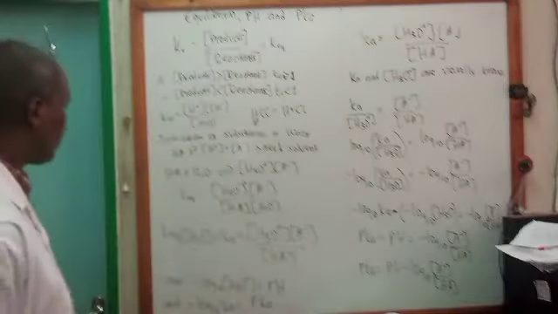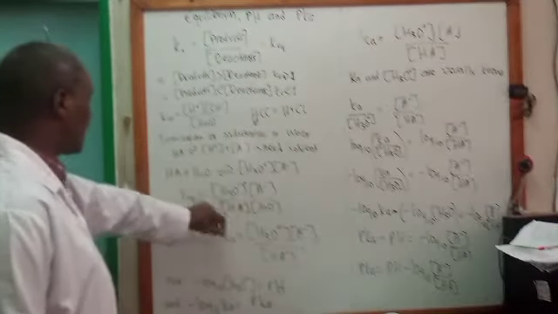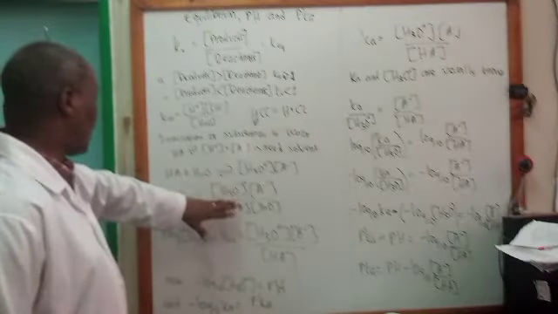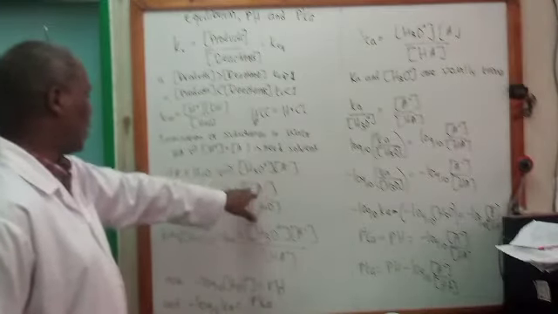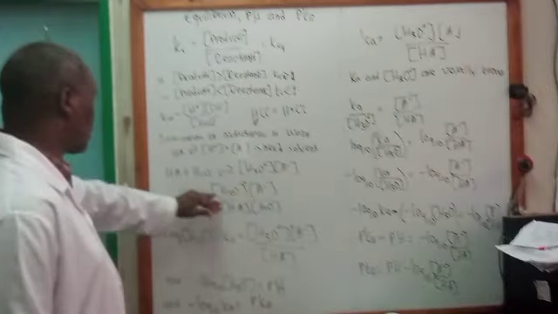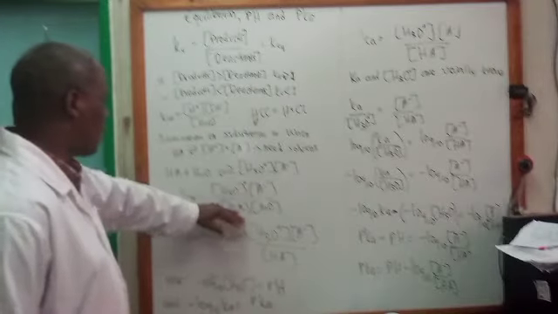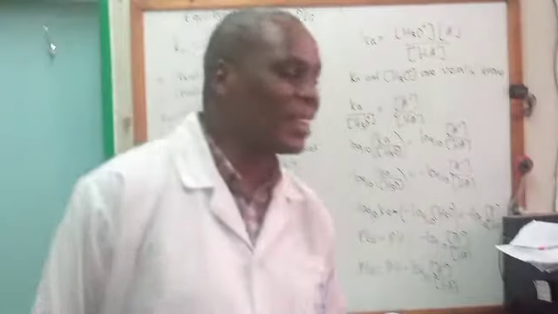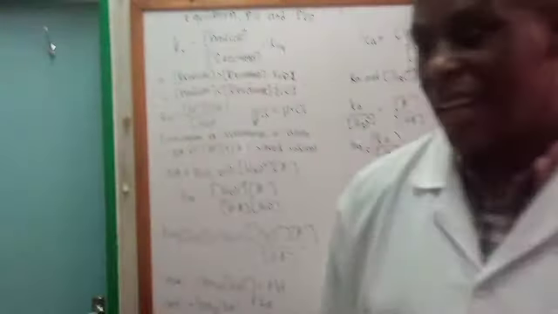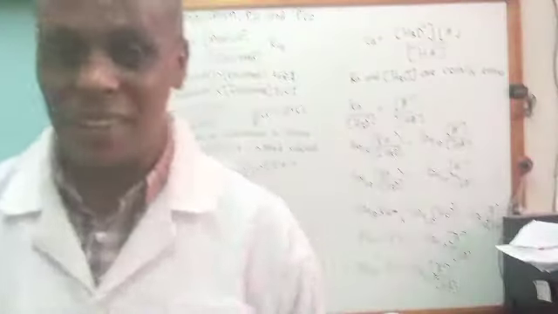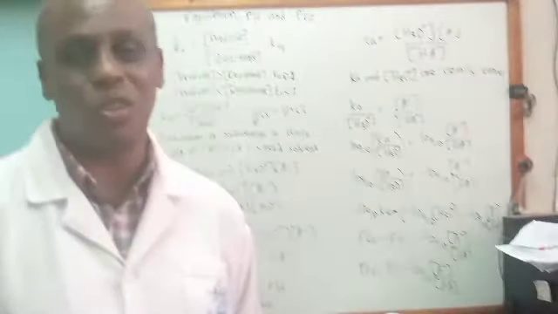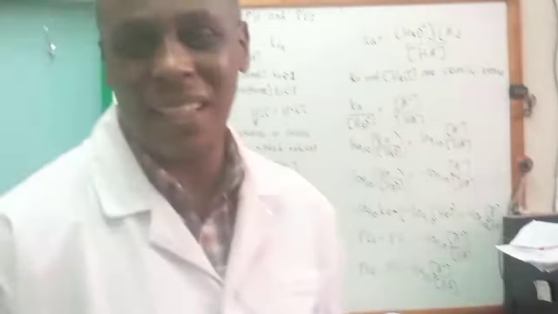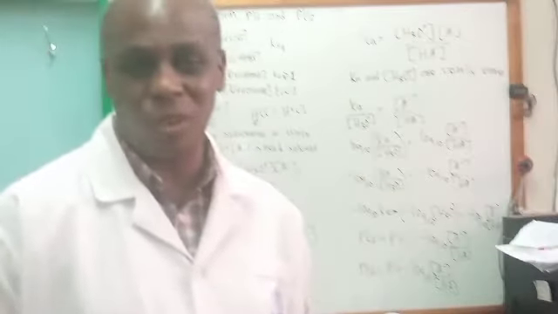Yeah. So the equilibrium constant, in this case, is the concentration of the products over the reactants. If you're going to use water or any other solvent, normally the concentration of the solvent is far much greater than the one which you are dissolving.